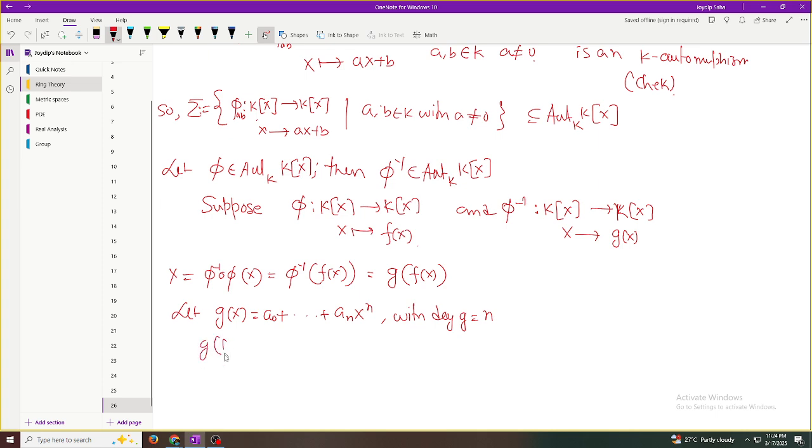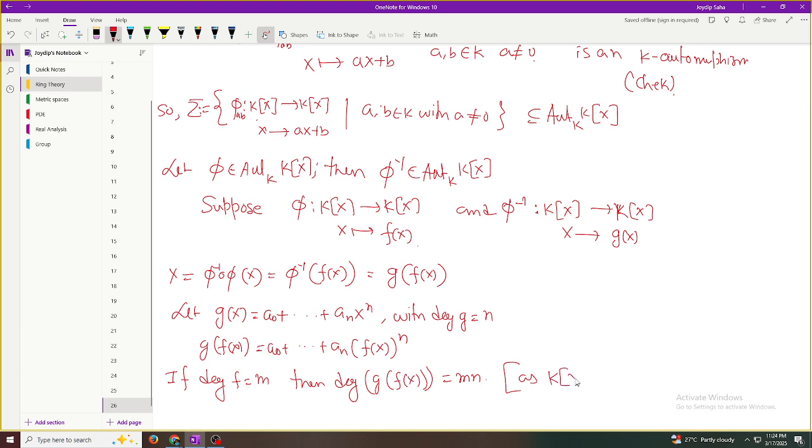Then g(f(x)) is a0 plus ... plus a_n f(x) to the power n. If degree f equals m, then degree of g(f(x)) is mn, right? As k[x] is an integral domain.